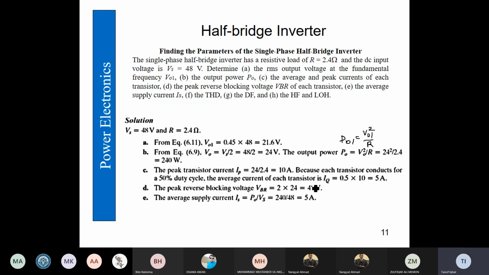So therefore, the total supply voltage is going to drop across the transistor. Now we can find out the average supply current. For this, we are going to use the total power divided by the DC supply, and the average current is 5 amperes, just like the average current of the transistor.